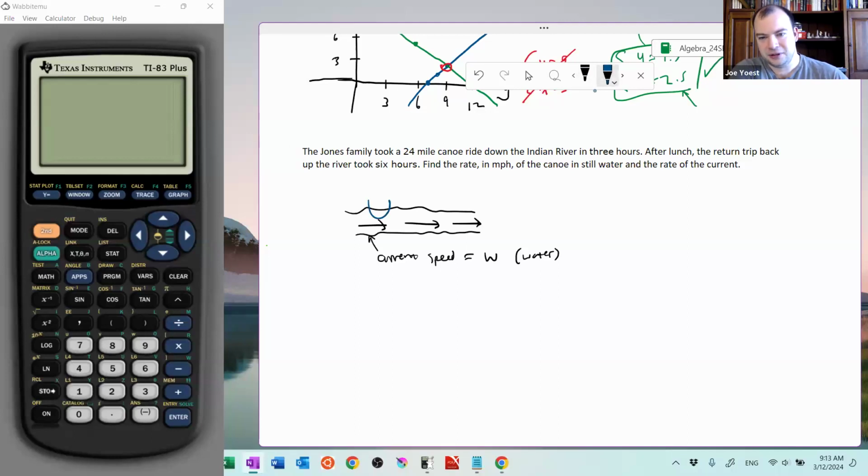And then I have a canoe, which I'll just draw like this because I'm not an artist. And the canoe has its own speed independent of the water speed. So if it was in still water and the person's paddling along, how fast can they go? Maybe I'll call the canoe speed B for boat. So we have the speed of the boat B and the speed of the water W.